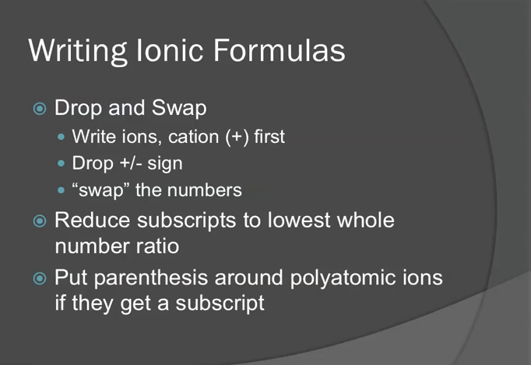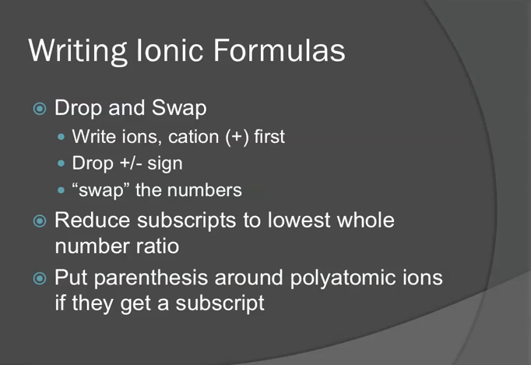So we could think through if I have this many positive, how many negative do I have to have, and balance the charge. Or we can do this trick that we call dropping and swapping. That's where you write the ions with the cation first, you drop the positive and negative sign, and swap the numbers. I'll show you an example in just a minute, and it will make a little more sense.